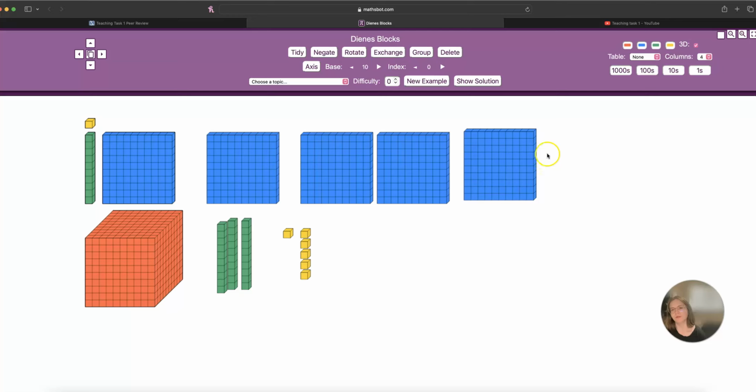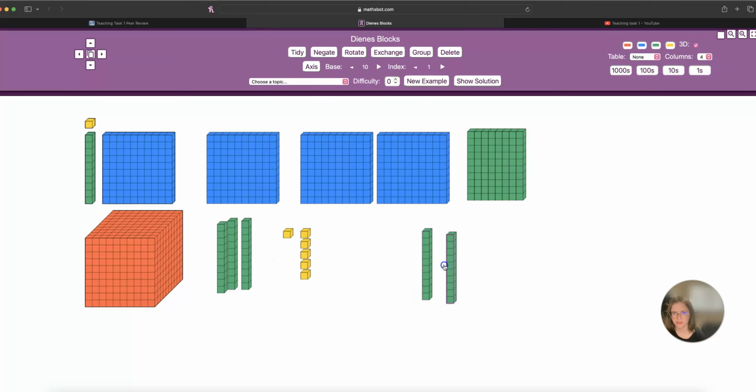Okay, so earlier we exchanged some longs for some small cubes. What if we exchanged one flat for 10 longs? That already makes our number a silly representation. But we could take it a step further.